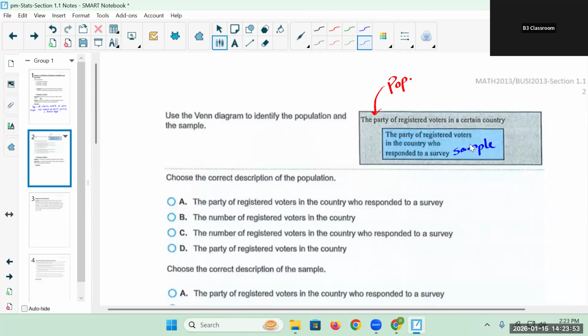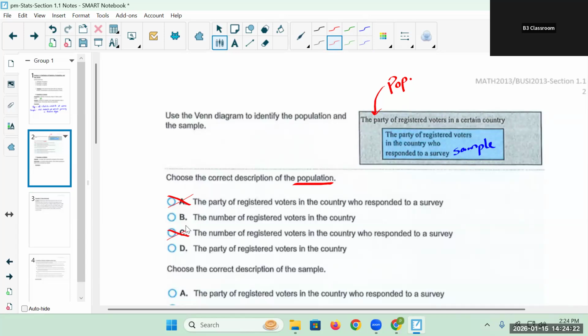I mean, it could be as simple as that, but sometimes multiple choice questions will trick you, okay? So it says identify the population. So it's party of registered voters in a certain country, not specifically that took the survey. So if I don't choose the ones that took the survey, I could probably eliminate A and I could eliminate C because those took the survey.